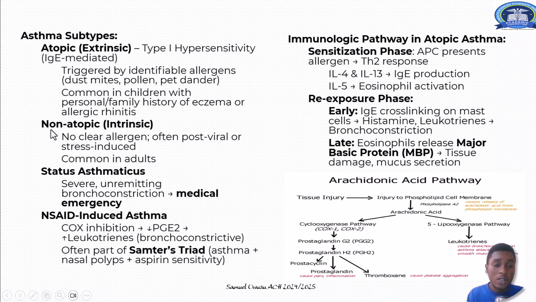Then we have a non-atopic or intrinsic asthma. This is mostly due to viral infections like influenza, and then stress-induced asthma as well. Okay, this is very common in adults. Now, when do we say someone has a status asthmaticus? Status asthmaticus is when there is severe unremitting bronchoconstriction.